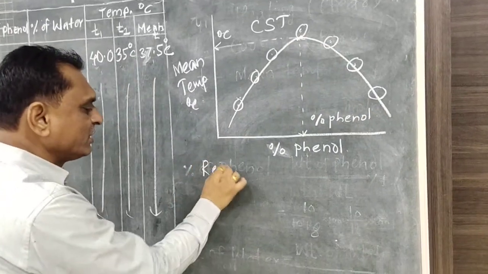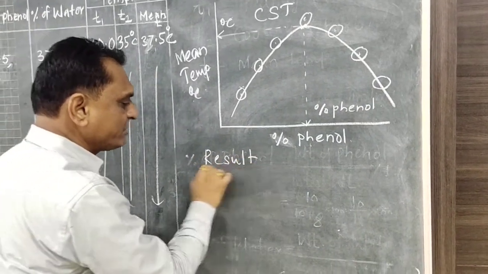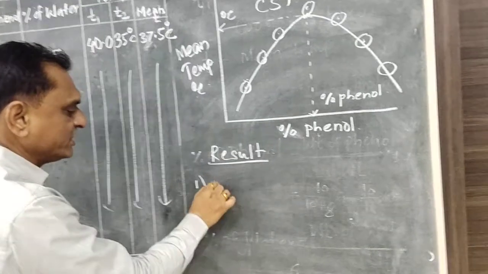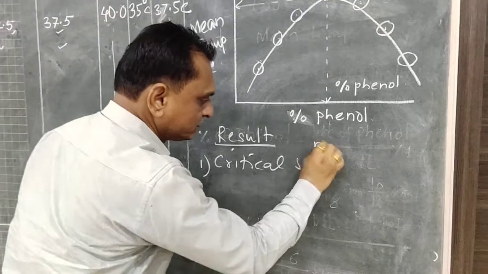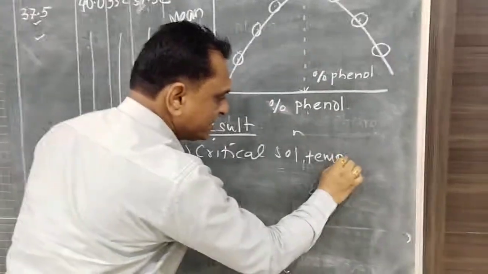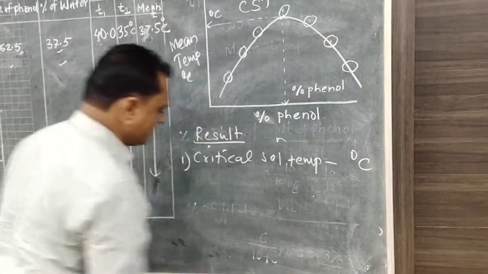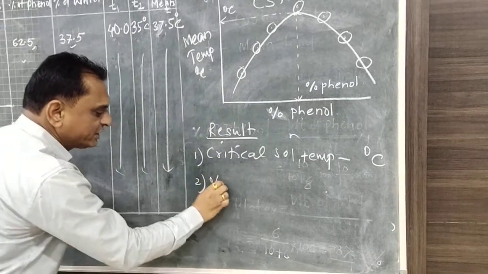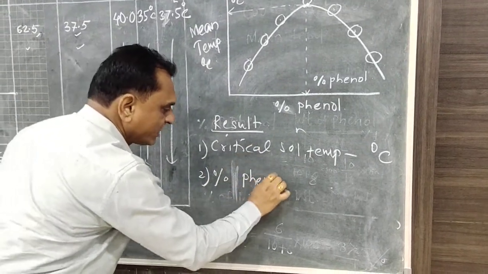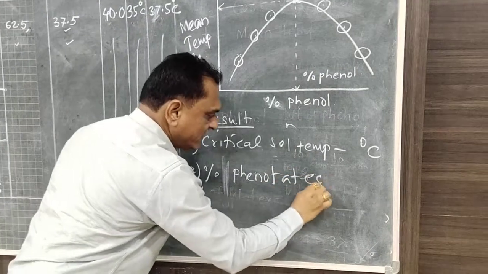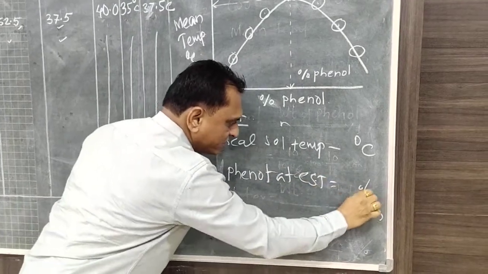Afterwards, we have to determine and represent our results. At first is the critical solution temperature, in terms of degrees Celsius. Number 2 is the percentage of phenol at CST, critical solution temperature.